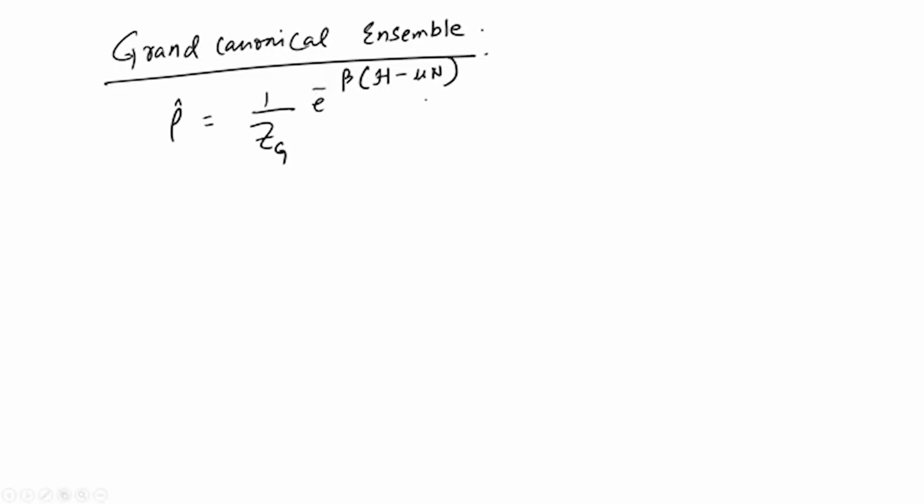Now, we need this additional Lagrange's undetermined multiplier. So, H cannot be considered alone, you have to consider H minus mu n, and that is the matrix that you need to diagonalize in order to get the eigenvalues. So, your Z G is equal to the trace of exponential minus beta H minus mu n, and we know how to calculate this now.